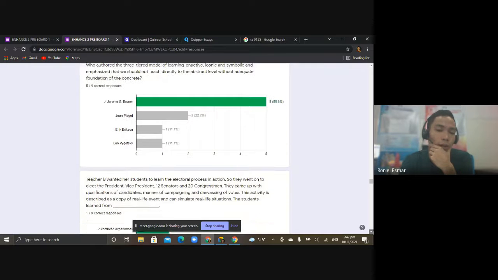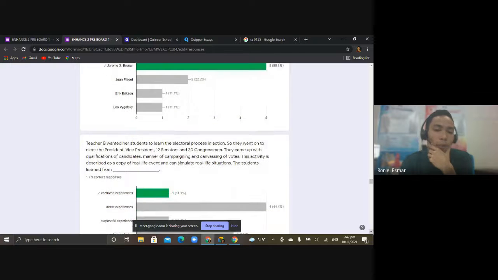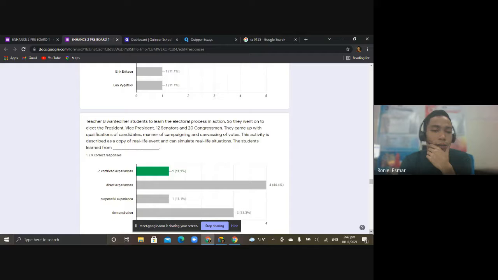Next item. Teacher B wanted her students to learn the electoral process in action. So they went on to elect the president, vice president, 12 senators, and 20 congressmen. They came up with qualifications of candidates, manner of campaigning and canvassing votes.